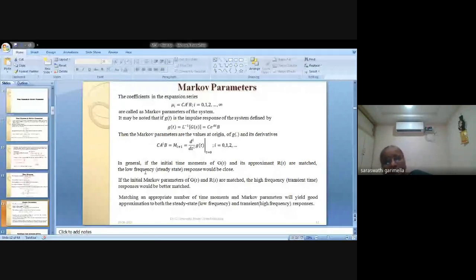In general, if the initial time moments of G(s) and its approximants R(s) are matched, then the low frequency or steady state response would be close.